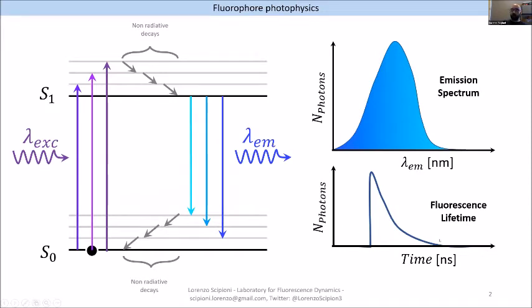This is described by an exponential, typically a single exponential distribution, and the constant of this fluorescence decay, this exponential decay, is called fluorescence lifetime. It's basically, more or less, the time that the fluorophore spends in the excited state.